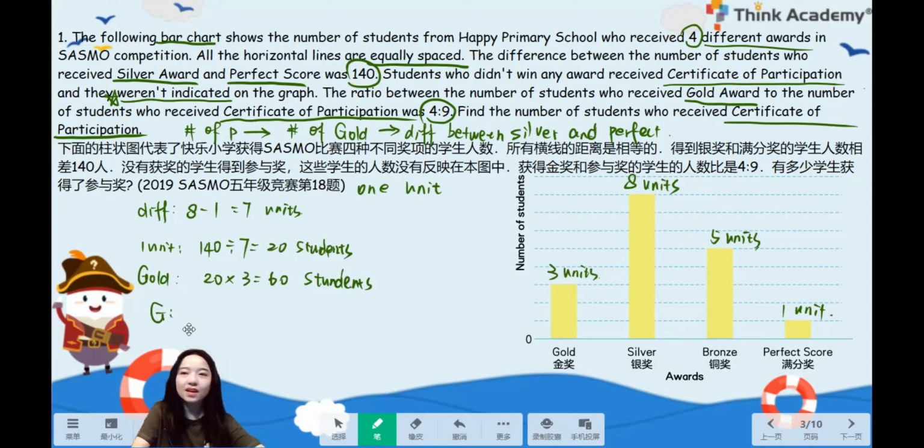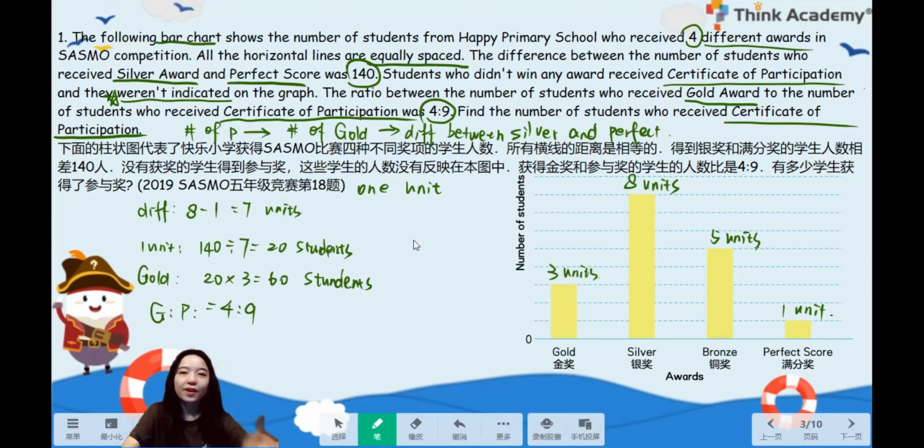Then use the ratio of gold award gainers to the number of students who gained a participation certificate. We can find how many students gained the certificate. The ratio is 4:9.